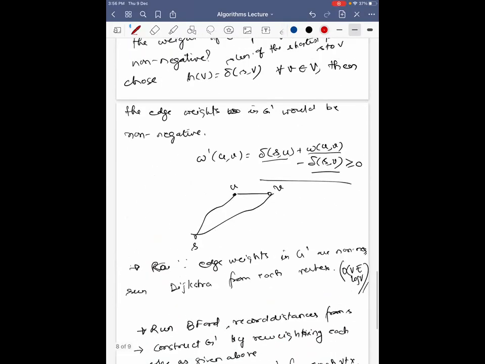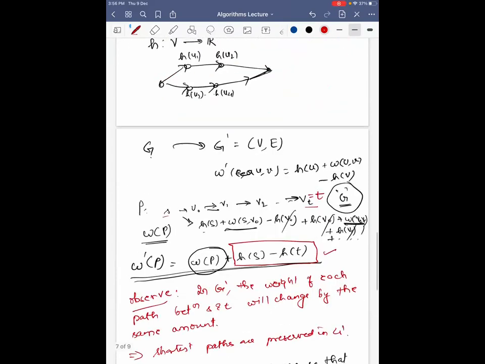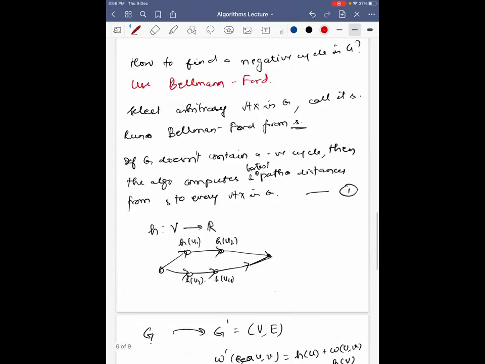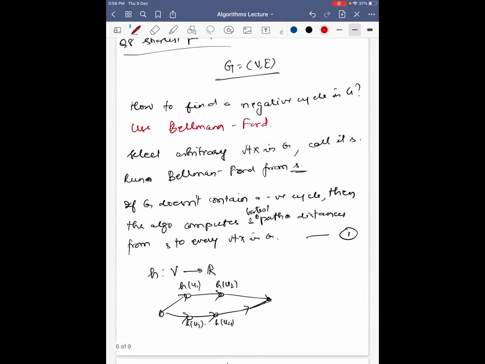Now here we have implicitly assumed that G is strongly connected.